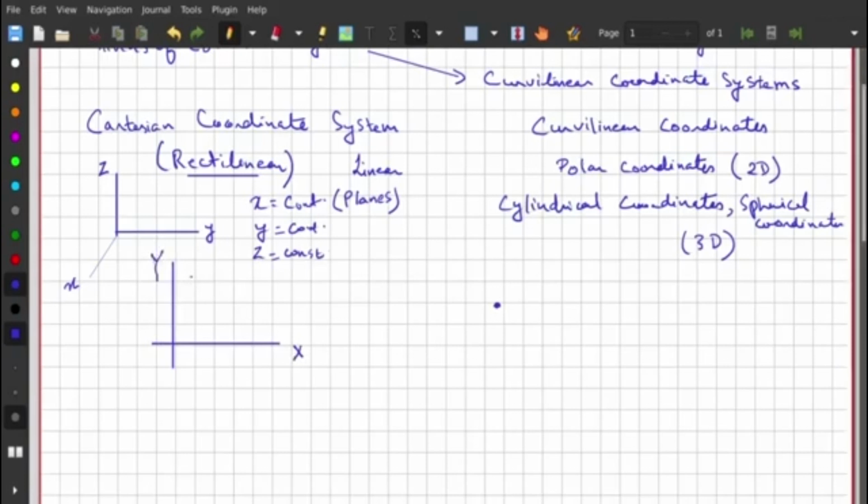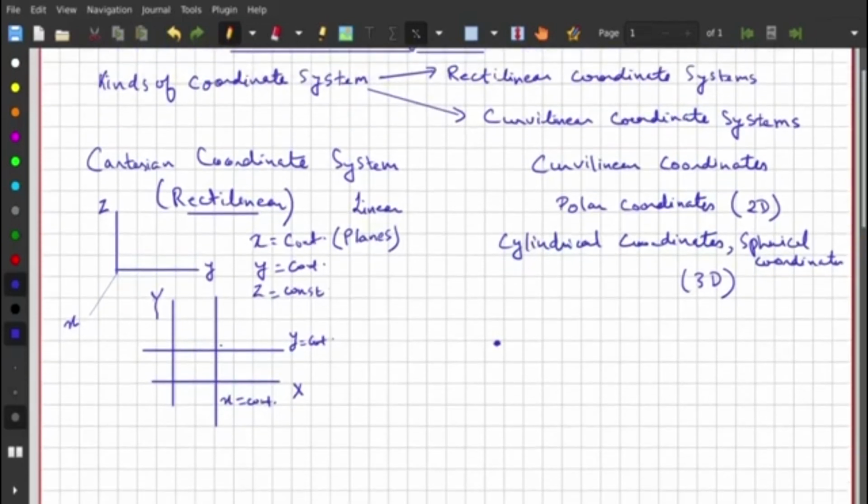So here the y equals constant is a line, and similarly x equals constant is again a straight line. Okay, so as you can see, these are straight lines, linear, and also they are orthogonal. So these all are orthogonal coordinates which we are discussing, whether it is Cartesian.